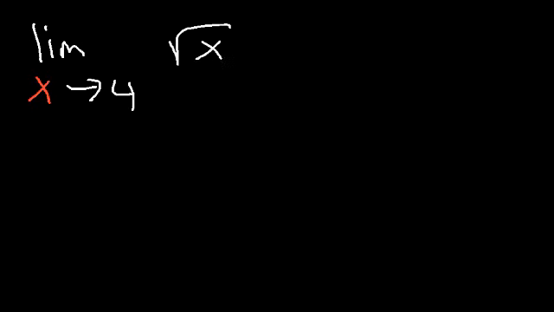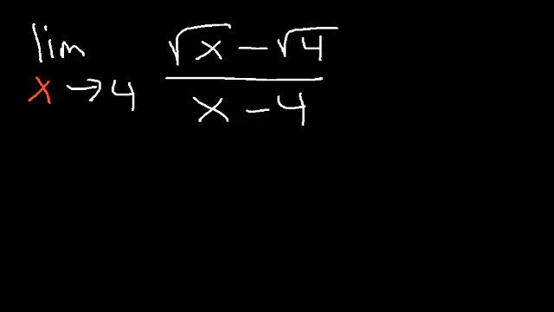Now, let's say you get a limit expression that looks like this. The limit as x approaches 4 of the square root of x minus root 4, divided by x minus 4. Now, for this expression, you can multiply top and bottom by the conjugate of the numerator, and that's going to work out.